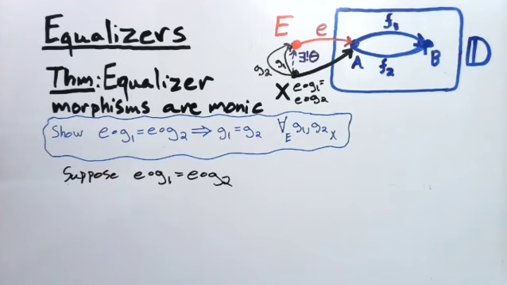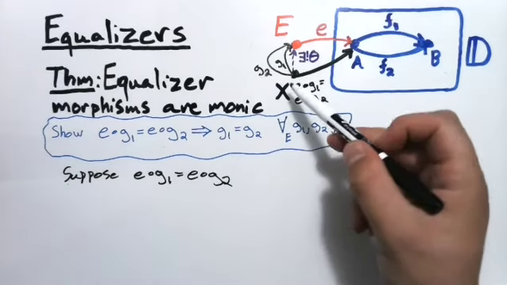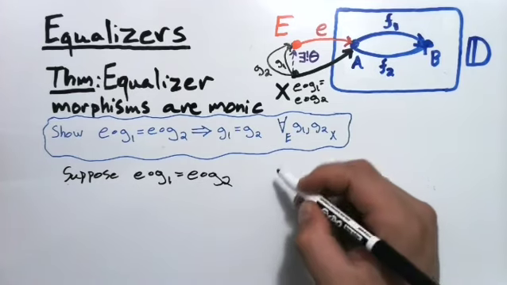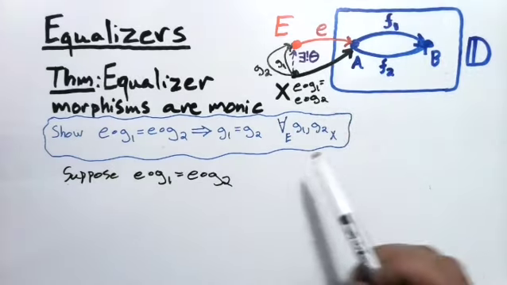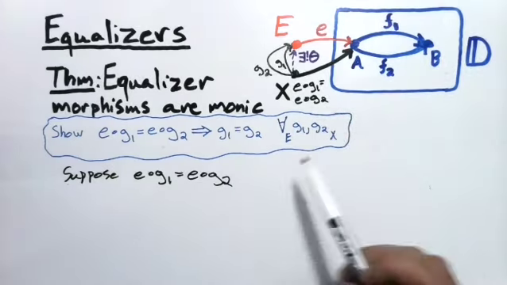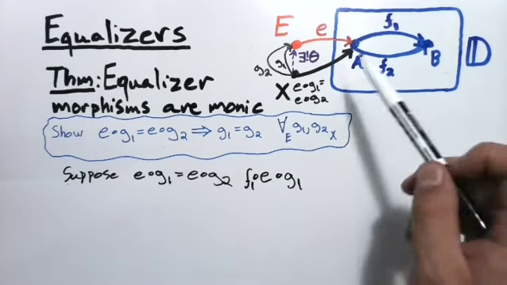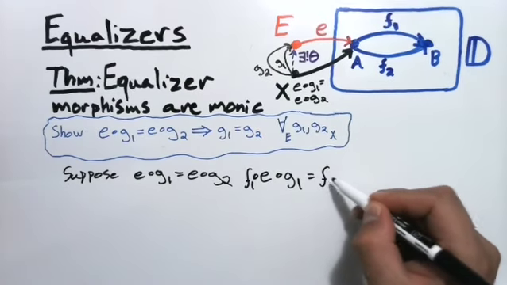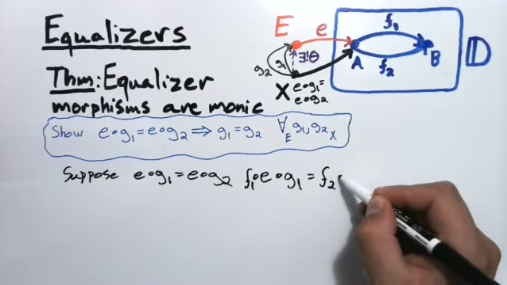Well, then it's pretty clear that X together with this morphism forms a cone over D, because if we look at this chain, F1 after E after G1, well, F1 after E is equal to F2 after E, right? Because E is an equalizer morphism for F1 and F2. So this is just F2 after E after G1.